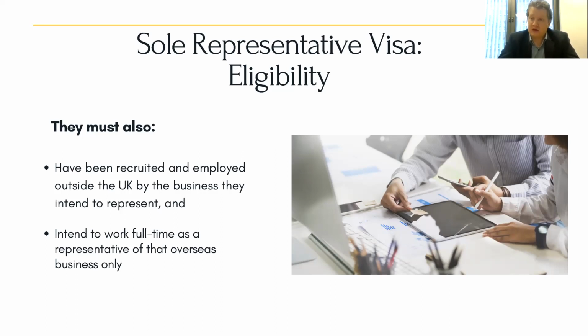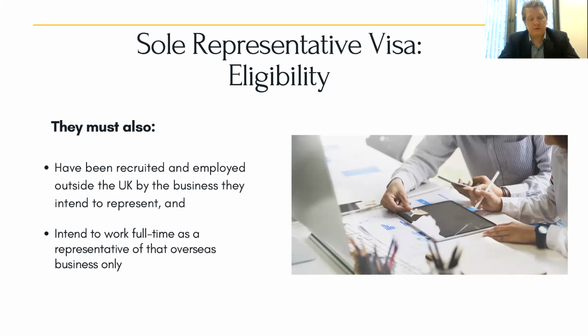This could be a big issue because the Home Office may go for an interview with the applicant and ask how you've been recruited, with whom, reference, and so on. So it has to be clear that recruitment must be outside of the UK, not in the UK.